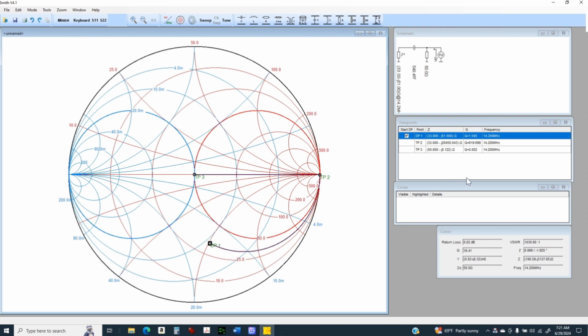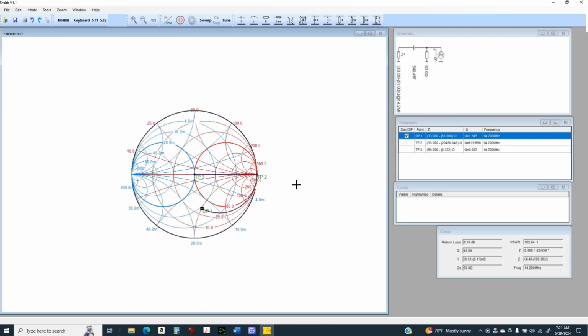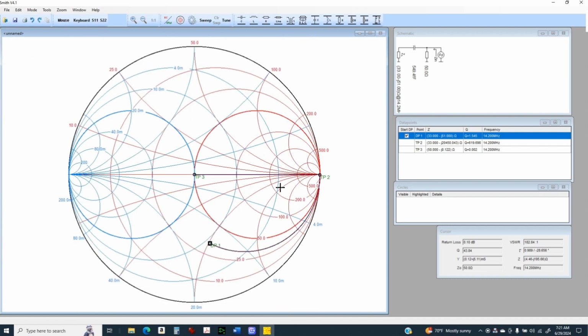And we end up at 50 minus J 0.122. Very, very slightly capacitive. But we are at the prime center. Now that was an RC or a CR, capacitive resistive match.